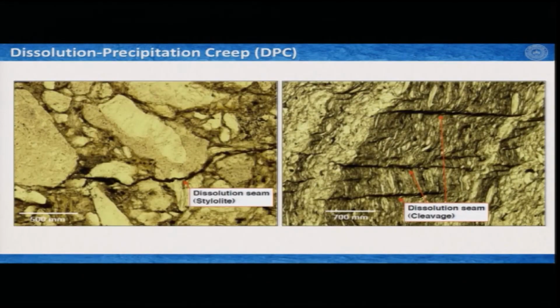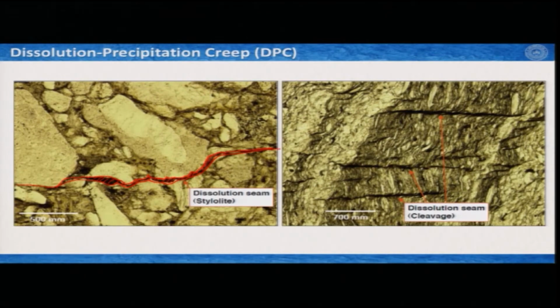Now, here there are some examples in this image. In the first one, you can clearly see that something has happened along this, and if you match the illustration of one of the previous slides, you can nail it as a dissolution seam or initiation of stylolite.